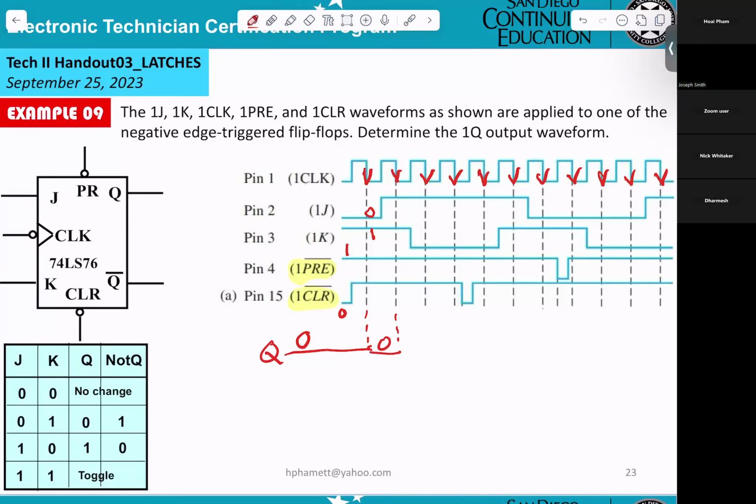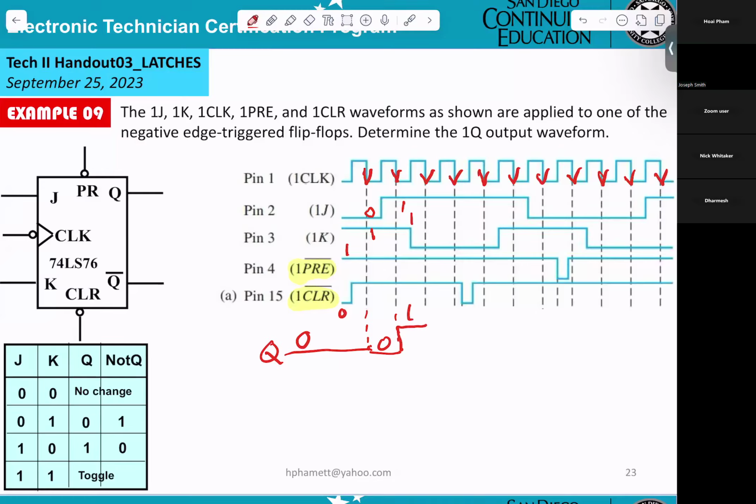And at the next clock, J equals 1, K equals 1. With 1 and 1, the output toggles. It was 0, now it goes to 1.